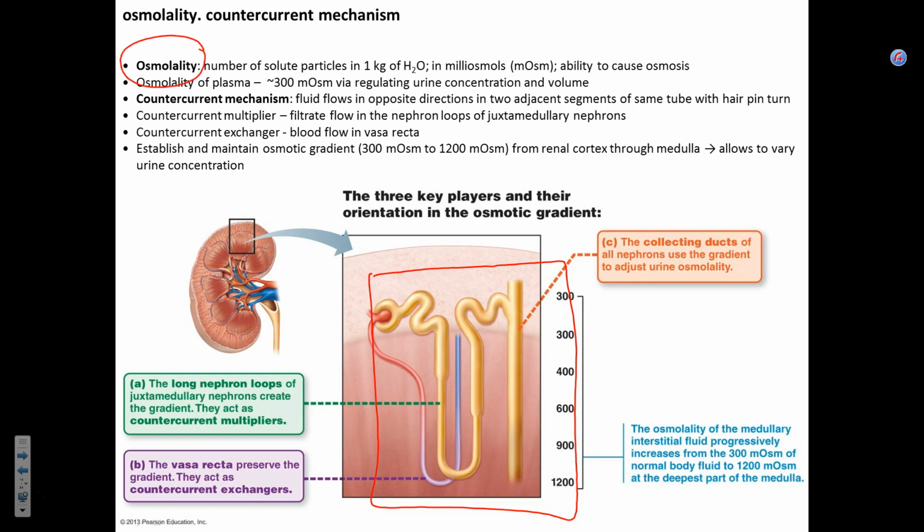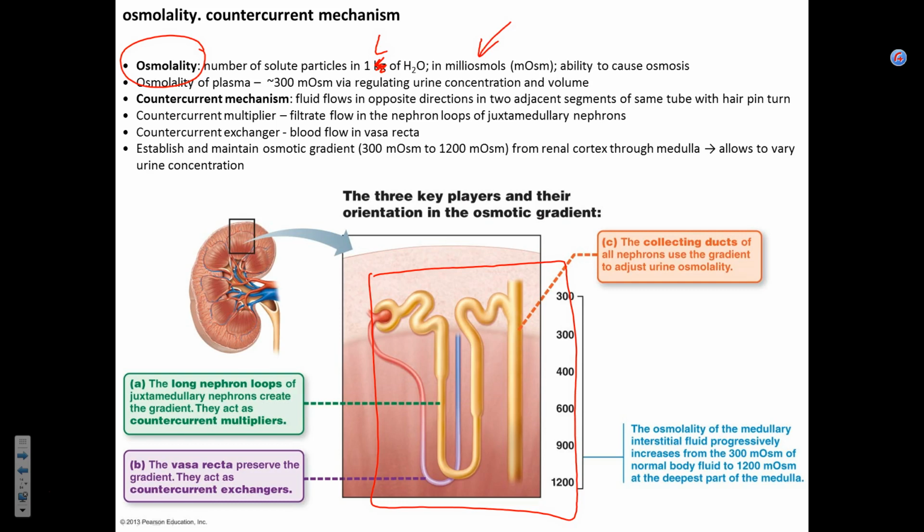Osmolality is the number of solute particles, and here I have to correct myself, in 1 liter of water. Does that make sense? So it is measured in application to the renal system in the units called milliosmoles.